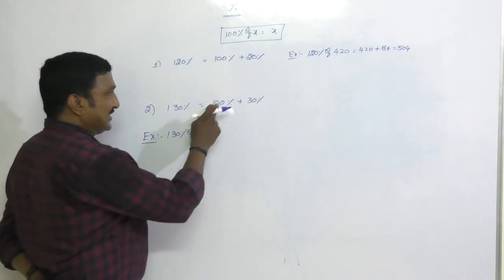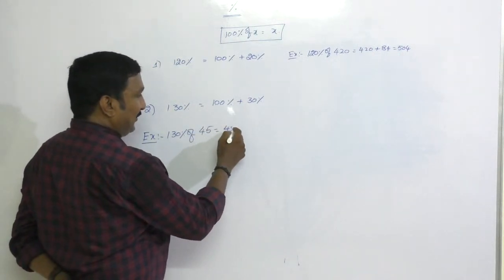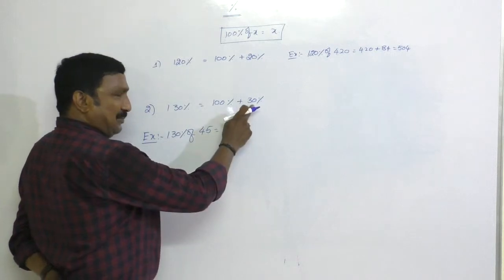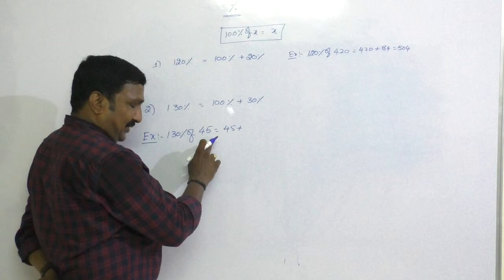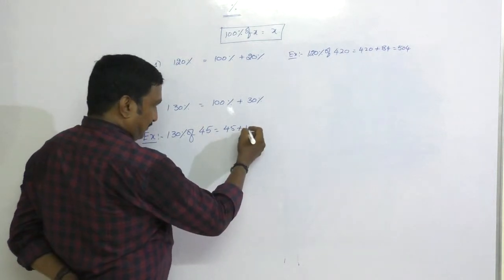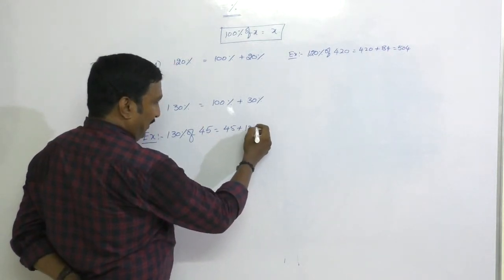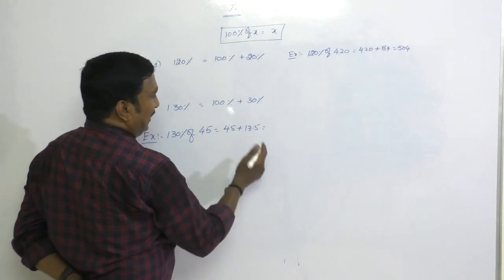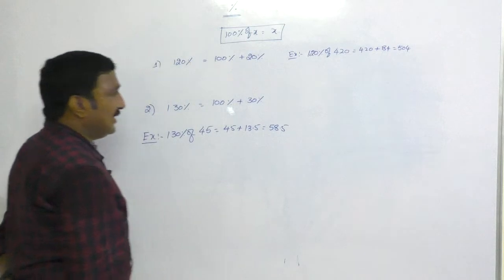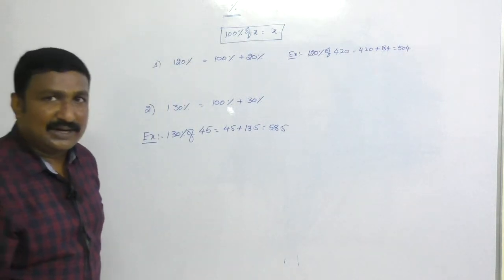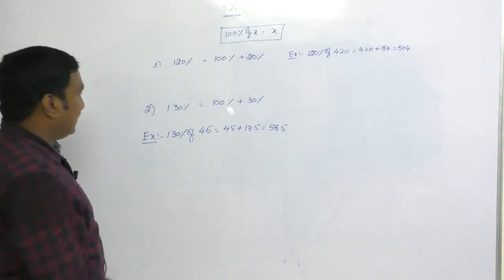First 100% is 45, plus 30% I have to calculate. 10% is equal to 4.5, so 30% is equal to 13.5. So the answer is 58.5. Okay now friends, so 130% is nothing but 100% plus 30%.